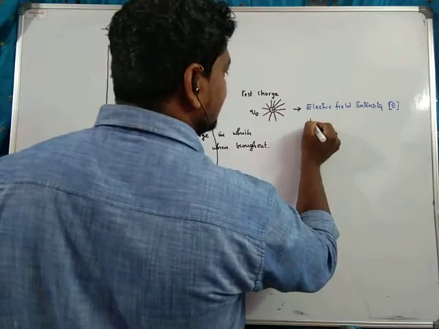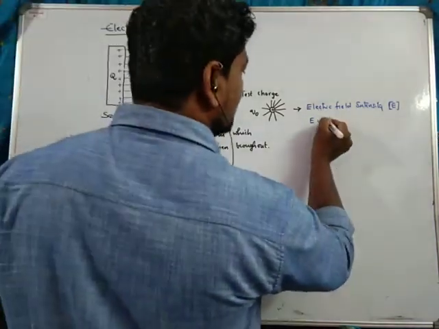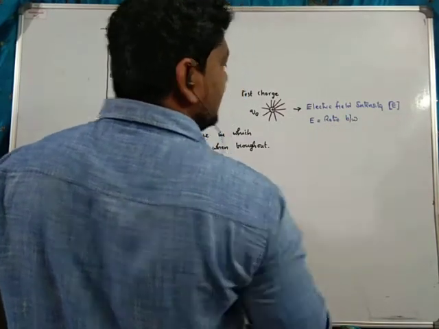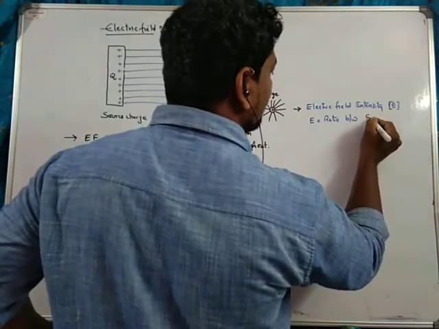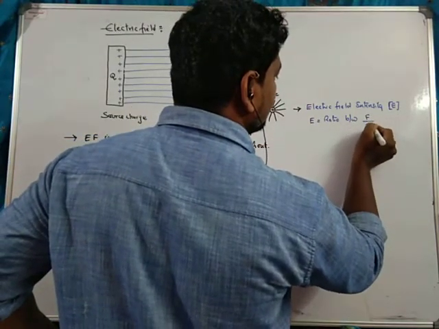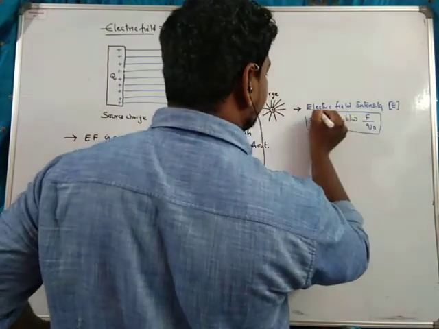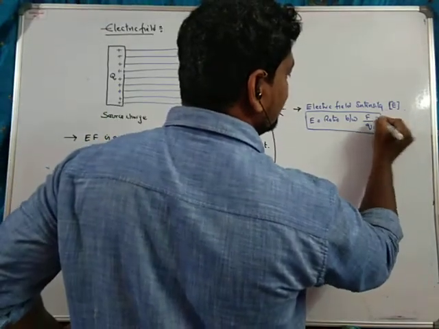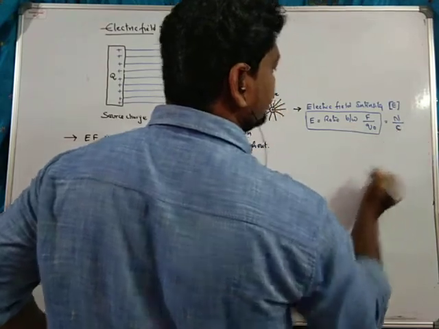So E is nothing but the ratio between the force upon the test charge. So whatever the test charge we consider, the force unit will be Newton and the charge unit will be Coulomb.